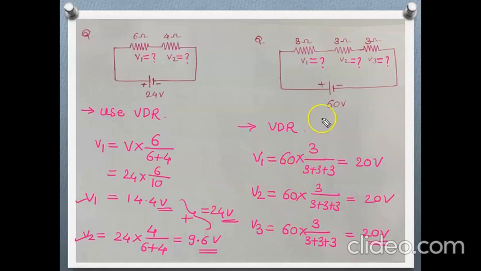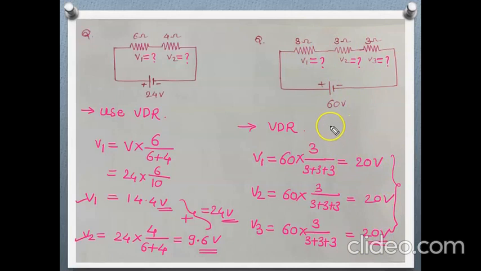Here observe that the 60 volt supply is given across these three resistances, each of 3 ohm. So what will be the voltage division? As the resistances are the same, the voltages across them are also the same, 20 volt, 20 volt, 20 volt.